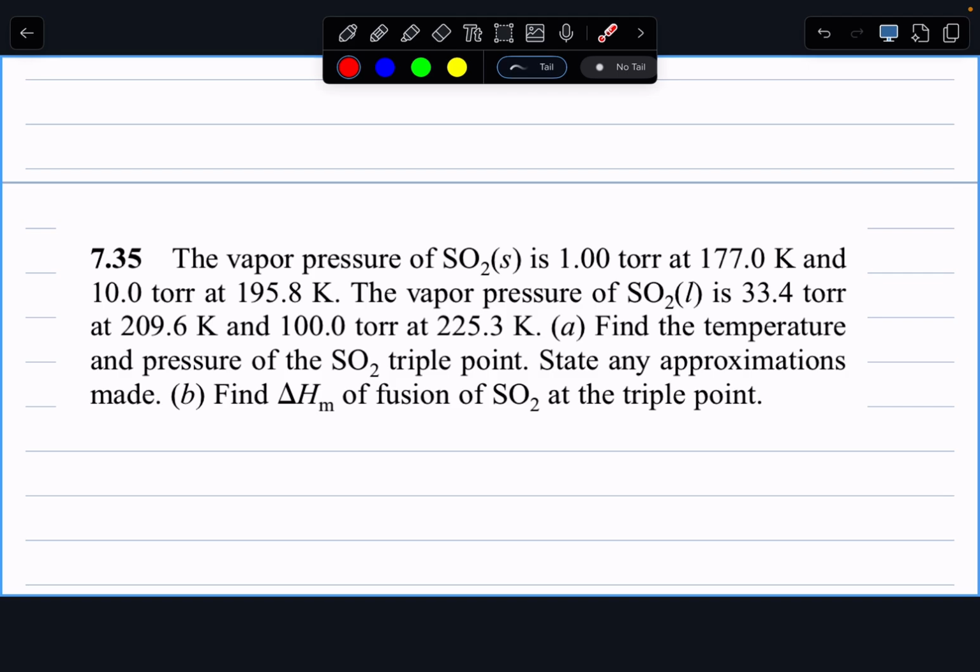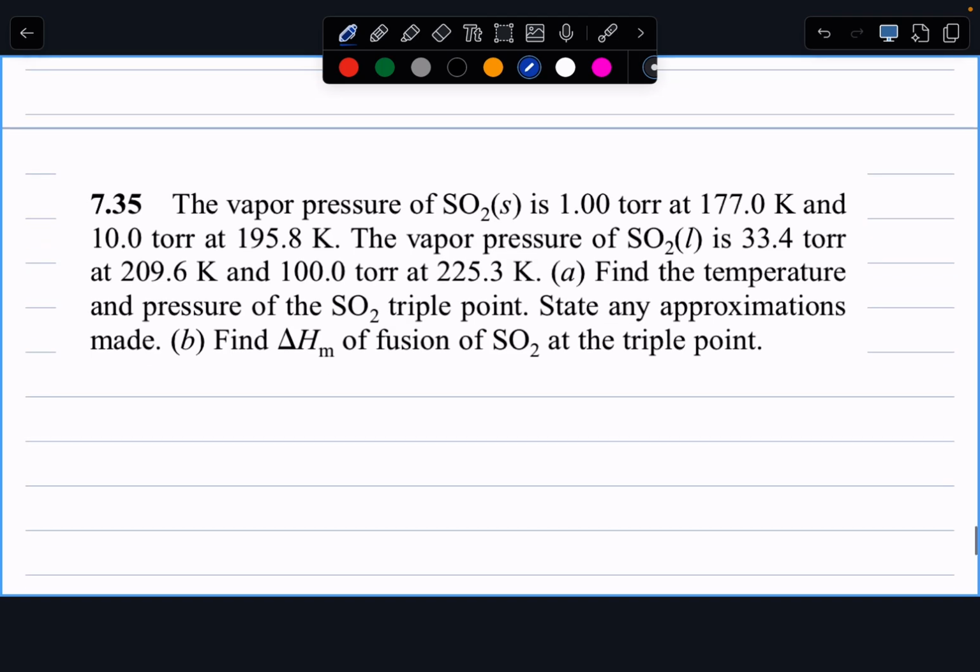But again, back to this question. Since we are talking about vapor pressure, naturally we're talking about the phase transfer, right? So it's natural to say we want to talk about liquid-gas equilibrium and solid-gas equilibrium. So let's just write out that equation, the one that's derived from the Clapeyron equation.